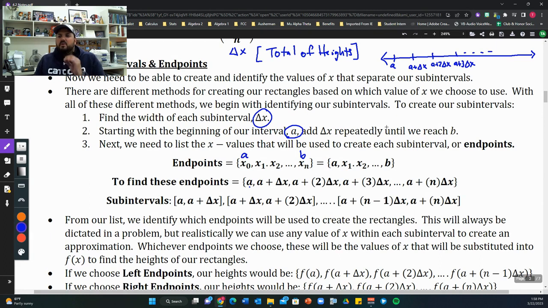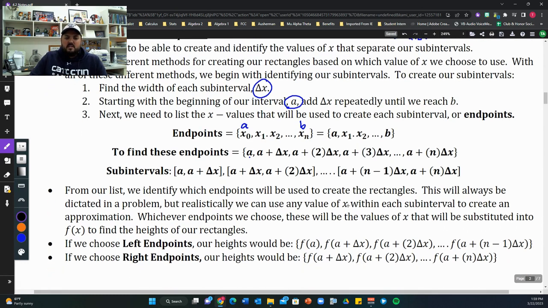But if those are all the list, or the list of all the values on there, then again, each one of these sets is just one endpoint to the next. So that is my first subinterval. So I can make my first rectangle using those guys. And then the next one spans from the second to the third, and then third to the fourth, and fourth to the fifth, and so on. That is how we create these subintervals.